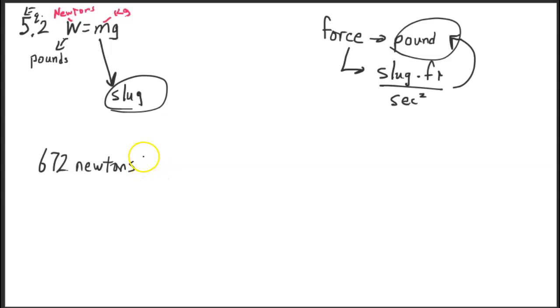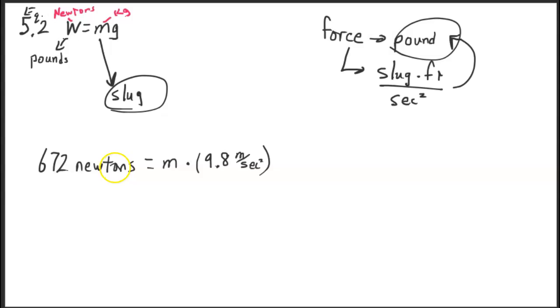And what does that equal? It equals mass times gravity. But we know gravity. In this case, we know gravity in the metric, so that would be 9.8 meters per second squared. So think about what we figured out here.